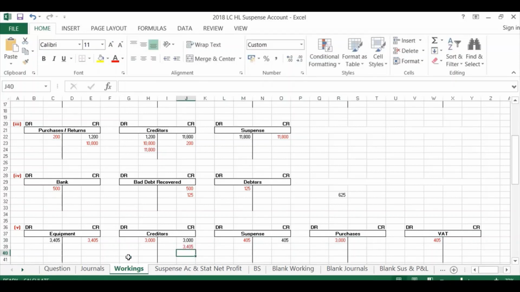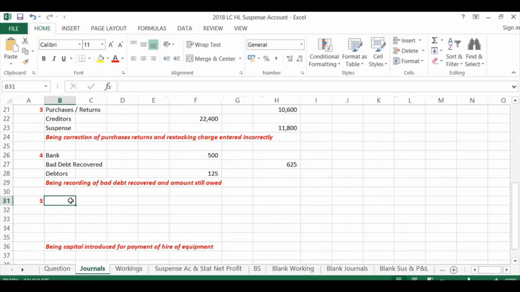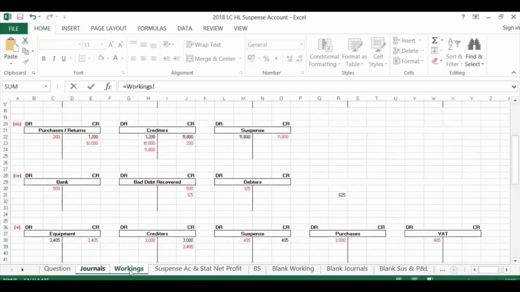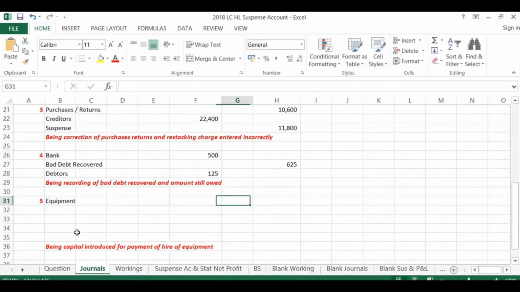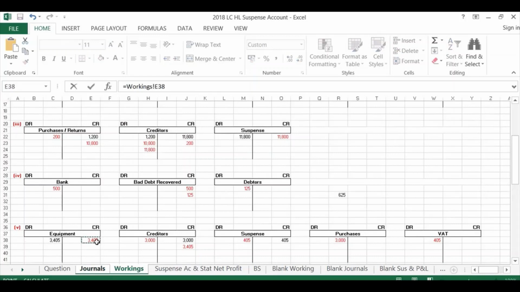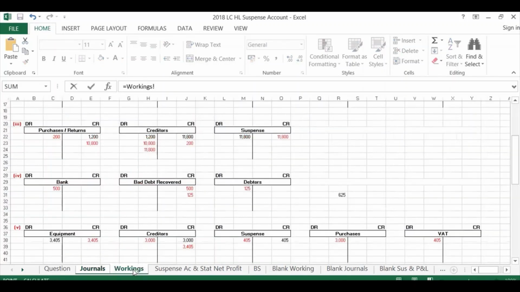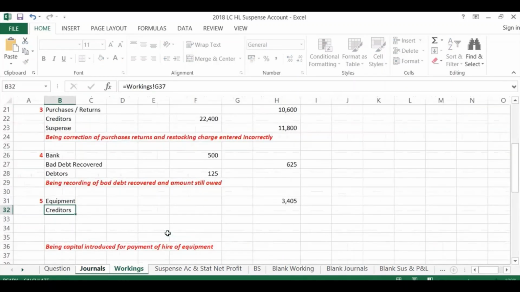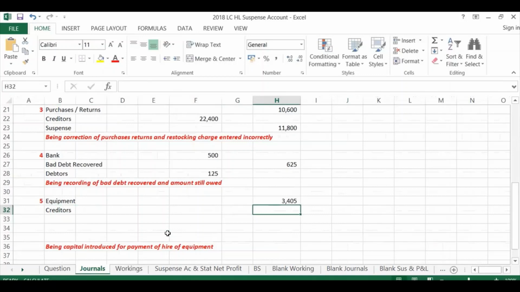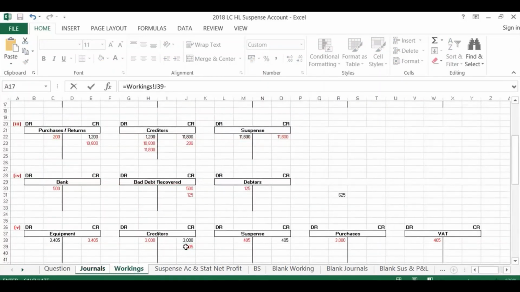Okay, so to put these into our journals then, the first account we're going to have is equipment. And equipment is going to be a credit balance of 3,405. Then the second account we're going to have is creditors. Because the credit side is bigger, it's going to be a net credit balance of 3,405 minus 3,000.